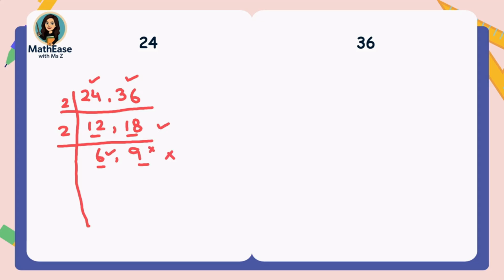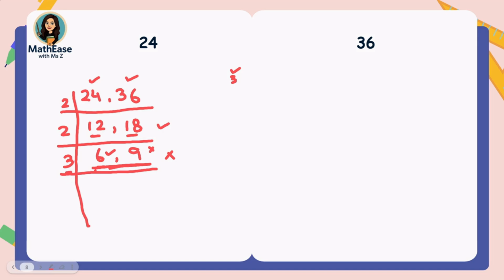So we move to the next prime number, which is 3. Can both 6 and 9 be divided by 3? Yes, they can. So we're going to divide them by 3. Remember, in HCF, GCF, or GCD, you have to make sure that both the numbers can be divided by the prime factor that you're using.